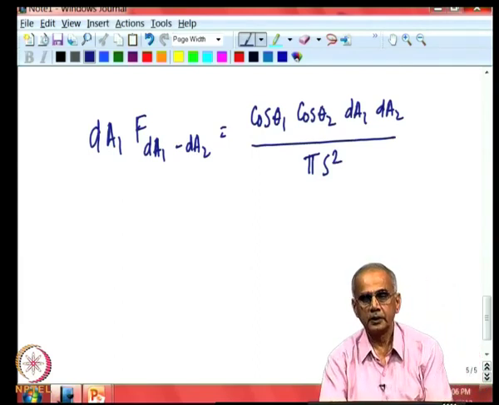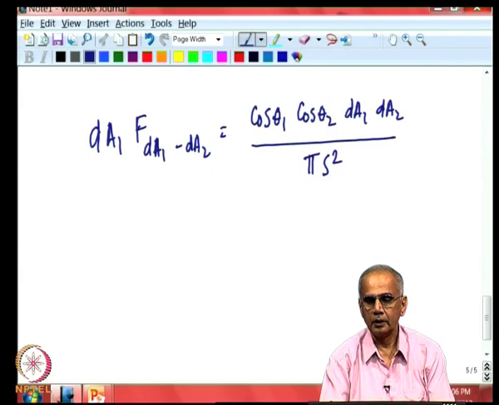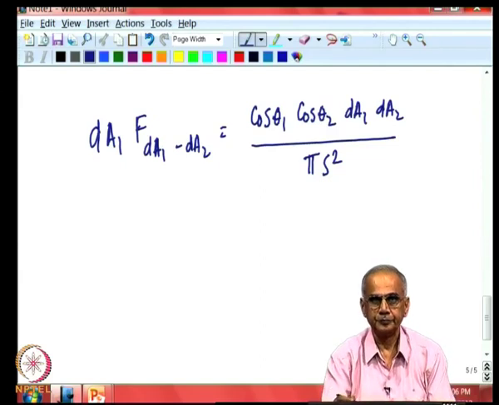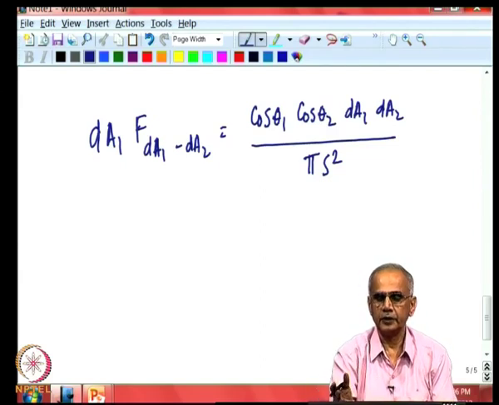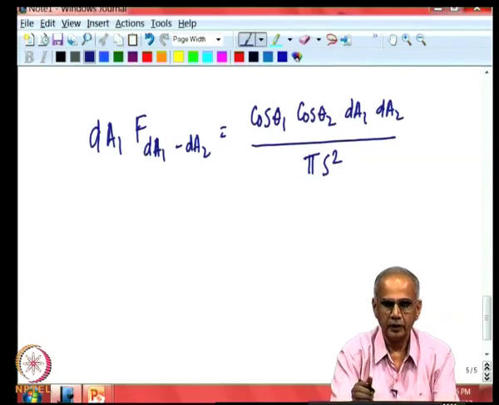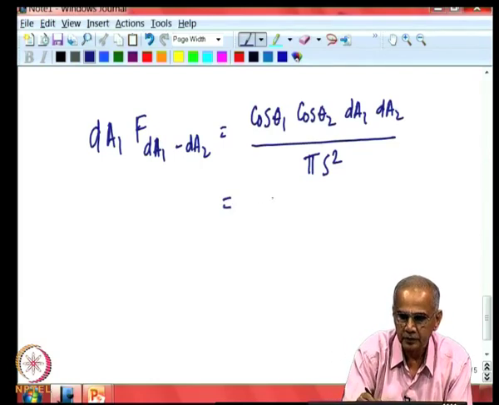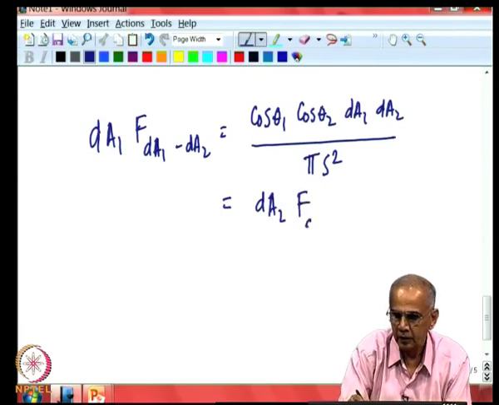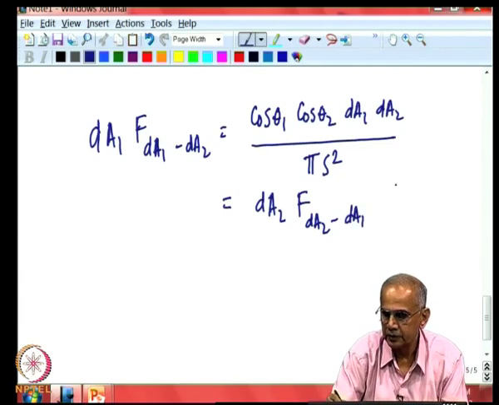So, this is a symmetric function. You can interchange theta 1 and theta 2, it does not change. Therefore, by symmetry it is also equal to dA 2 F dA 2 dA 1. This is known as reciprocity.